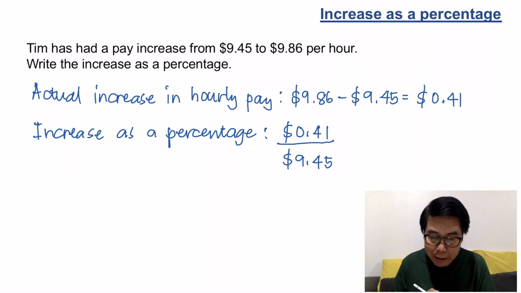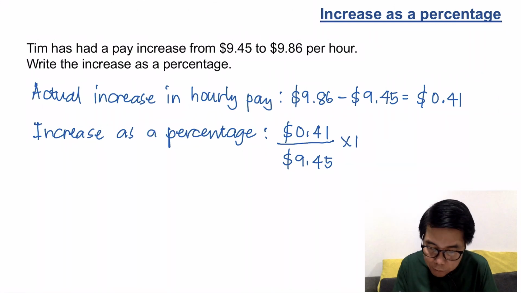You have to divide it by the original amount that he gets hourly, which is $9.45, times 100%.